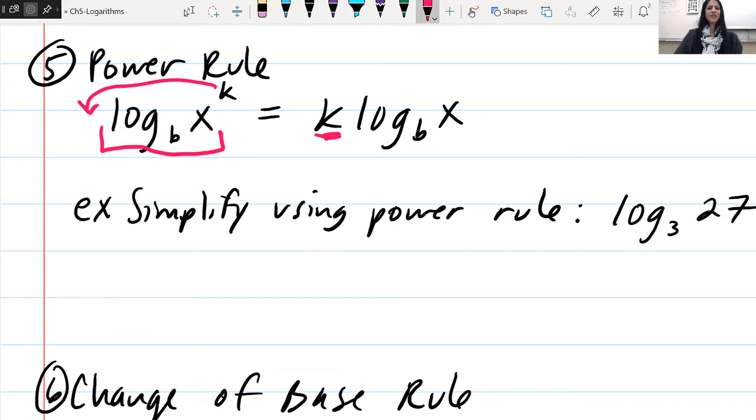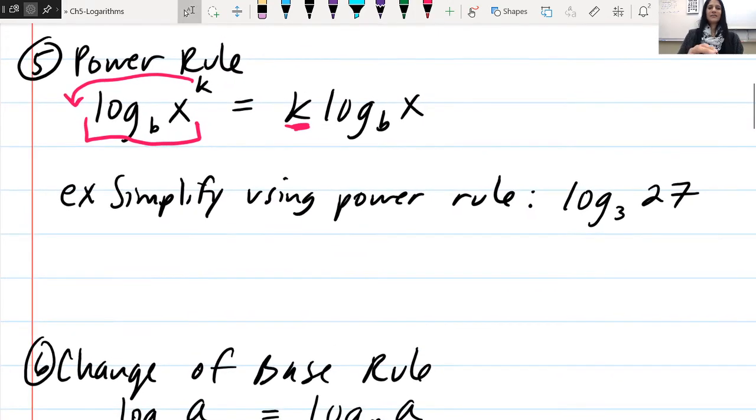I'd say that's the first one that is unique or doesn't quite resemble what you've seen with your exponent laws. Good?